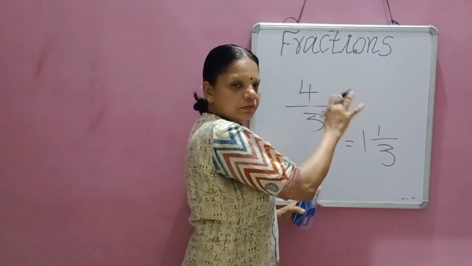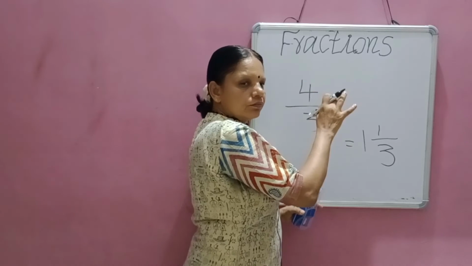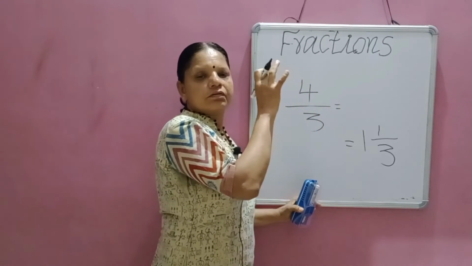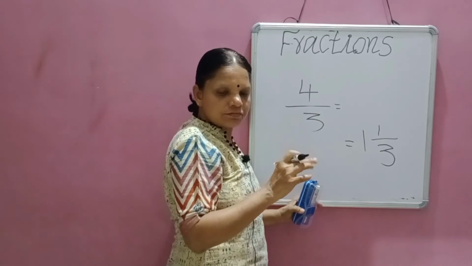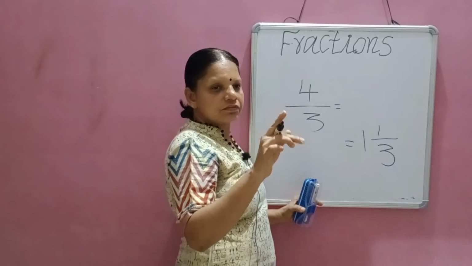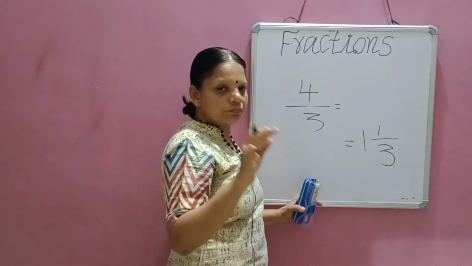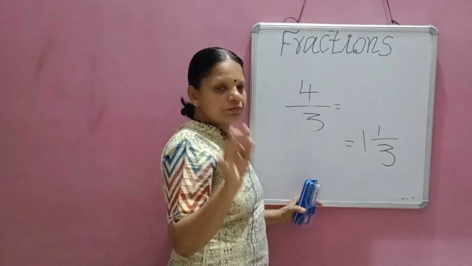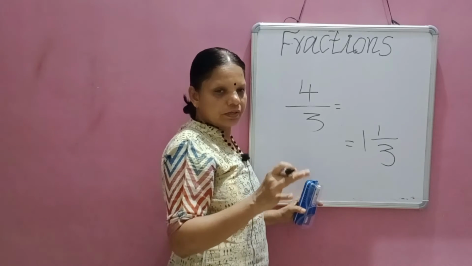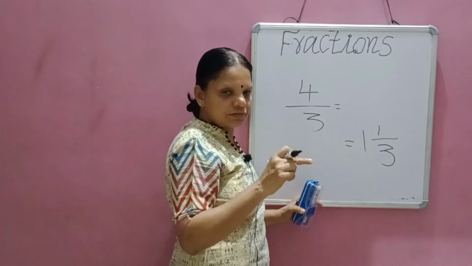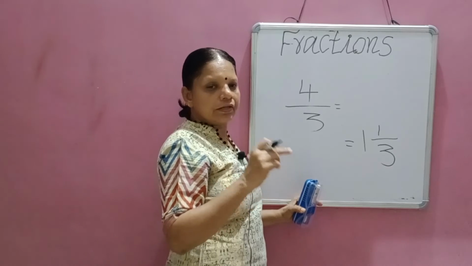Proper fraction, that is when the numerator is less than denominator. In that case, only one object is divided into a number of equal parts. Its value will always be less than 1 and greater than 0. That lies in between 0 and 1.